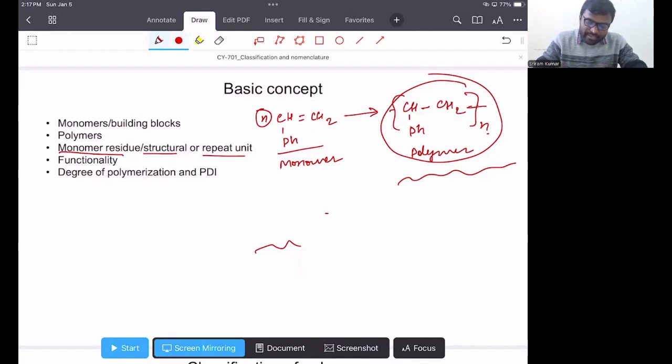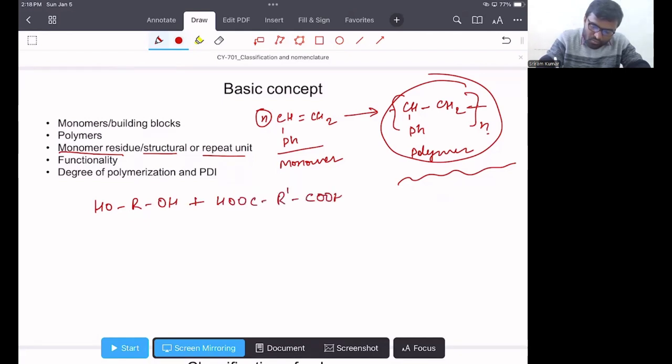We can take another example. Suppose we have HO-R-OH and HOOC-R'-COOH, and it gets, so what happens?